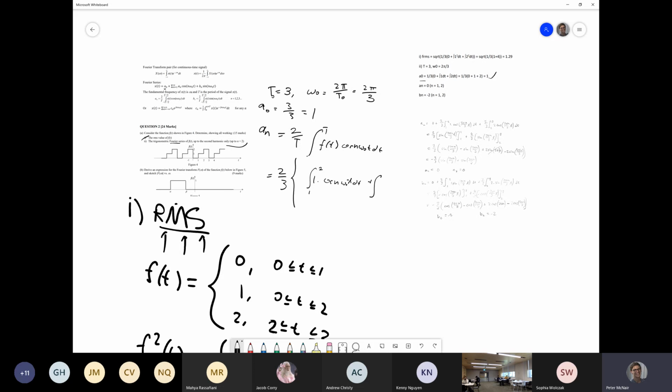And you can just leave that as omega naught while you're working it out. No point subbing in 2 pi on 3 and getting confused and flipping things and all that. Better to just leave it in its most abstract form while you're doing this stuff, and then you can sub it in later. And then we have the exact same thing, but we double it for between 2 and 3. And then that's 2 cos n omega naught t dt.